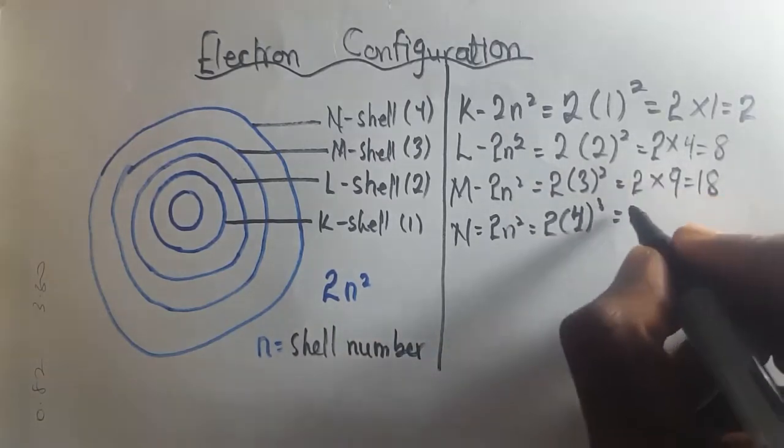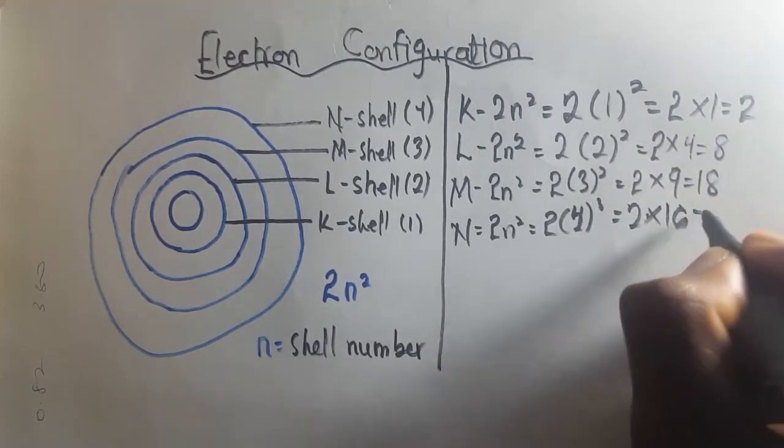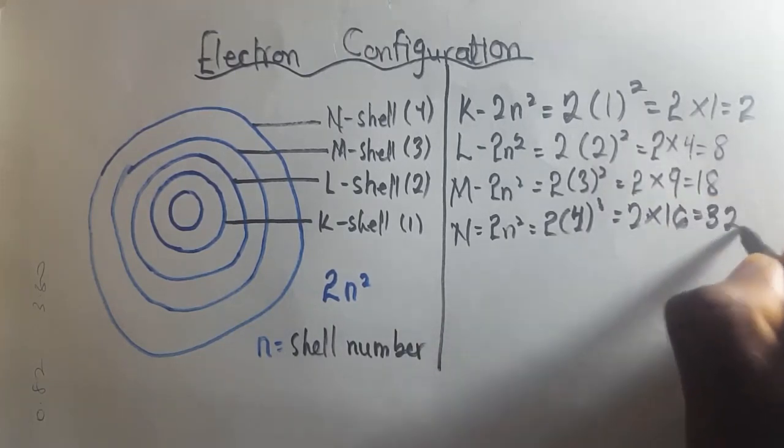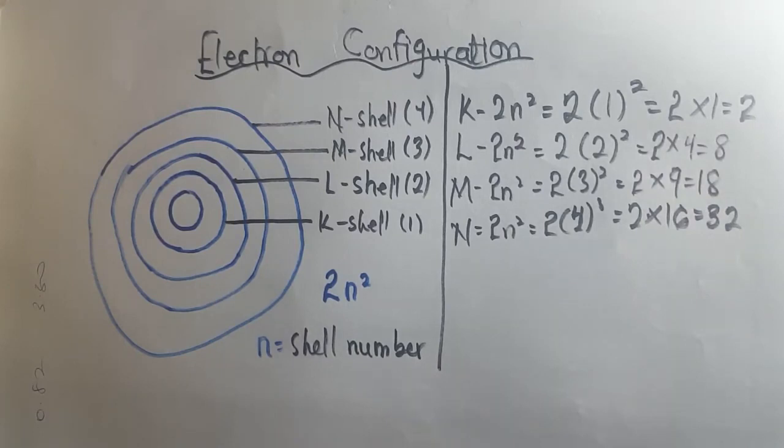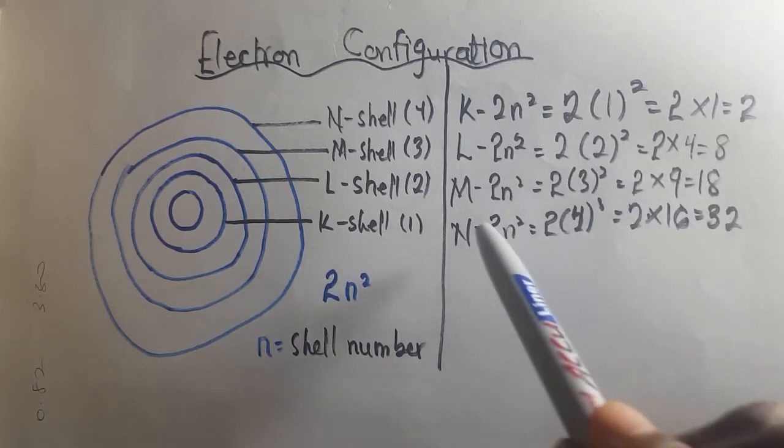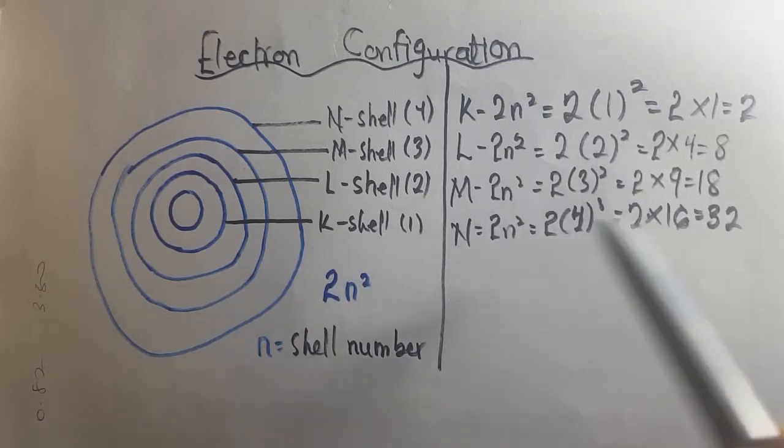So you're going to have 2 times 16, which is going to give us 32 electrons. Okay, so the K shell takes 2 electrons, the L shell takes 8 electrons, the M shell takes 18 electrons, and the N shell takes 32 electrons.